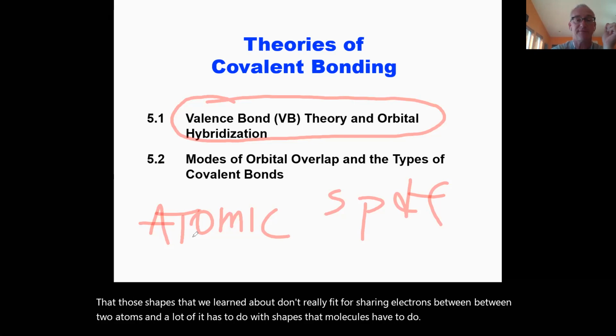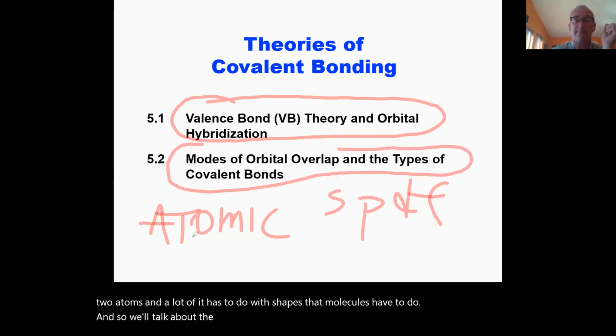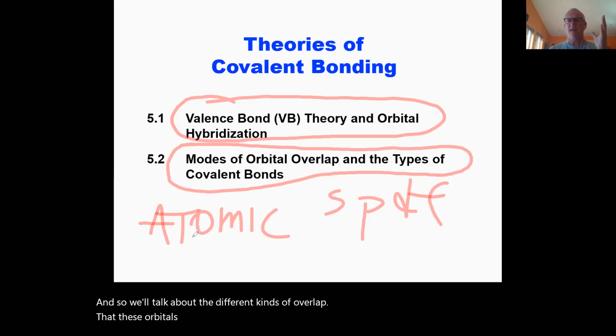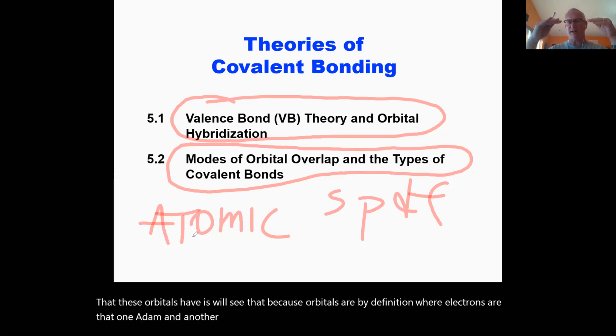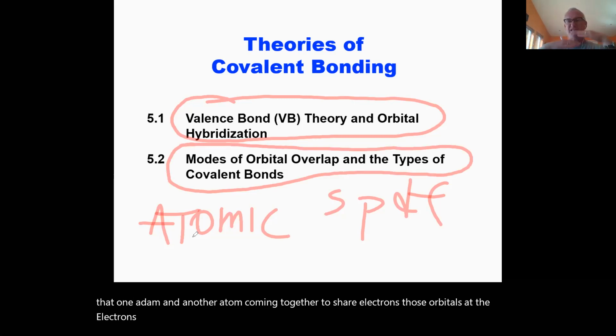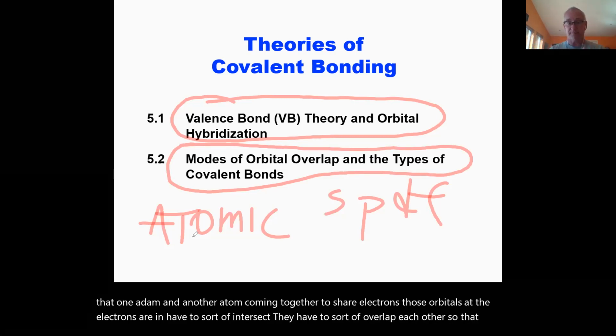And so we'll talk about the different kinds of overlap that these orbitals have, because orbitals are, by definition, where electrons are. One atom and another atom coming together to share electrons, those orbitals that the electrons are in have to sort of intersect. They have to sort of overlap each other so that those electrons can be shared.